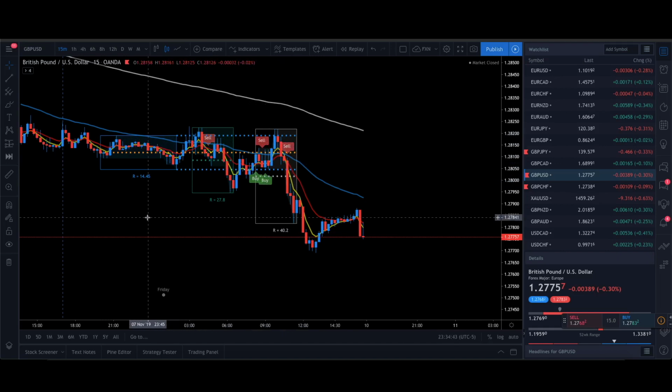Again, I want to stress the fact that you do not take trades just because it says sell or buy, sell or buy. It's just an indicator to let you know that the 5 and 13 have crossed.